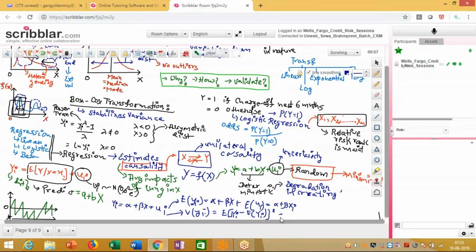So basically, the expected value of yi is nothing but alpha plus beta xi. The observed value of yi is alpha plus beta xi plus ui, minus alpha minus beta xi.